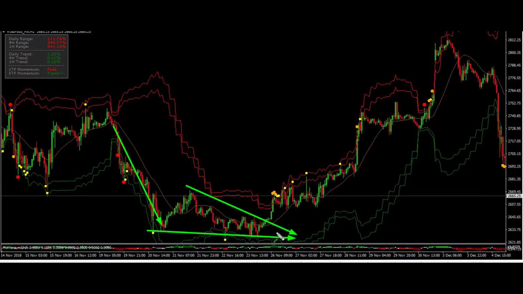So these are given market conditions where the OBIO will be very, very useful, and again will give you good visual aids and a better understanding of what the market is trying to do. So as soon as the market breaks out of this consolidation pattern, this wedge pattern over here, you'll notice that the distance between the red and the green bands starts to increase.